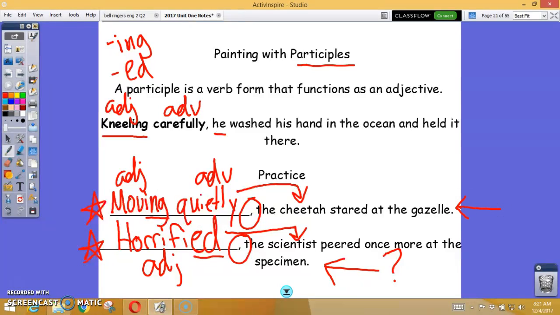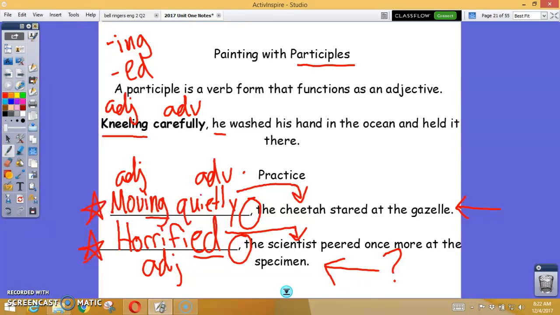But the point is, it has to be modifying those things, if it's going to be on the end like that, or tacked on away from the subject. So that's very important. You really need to pay close attention to those added points as well.